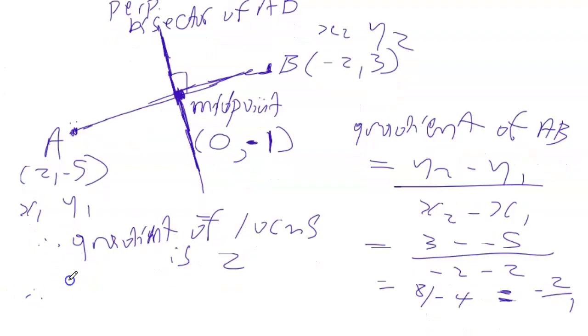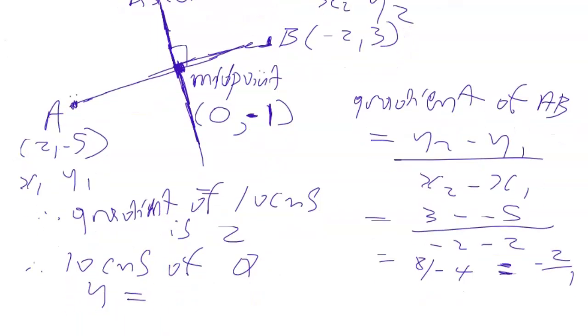My bad, the gradient of AB is -2 over 1, so the negative reciprocal is positive half.